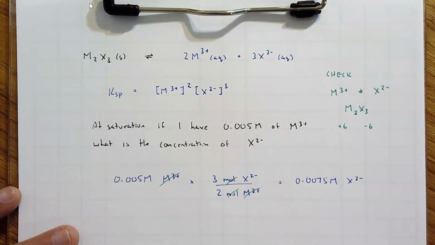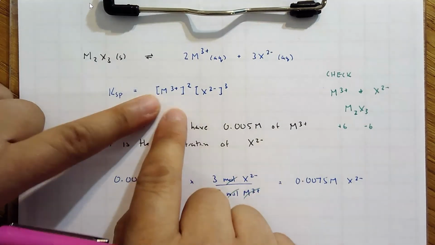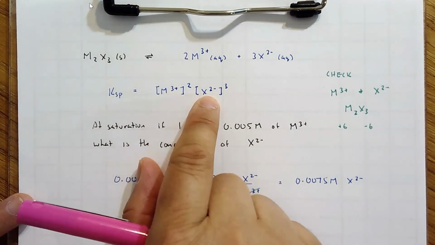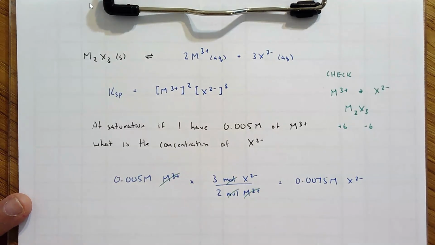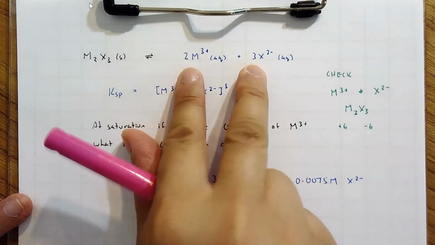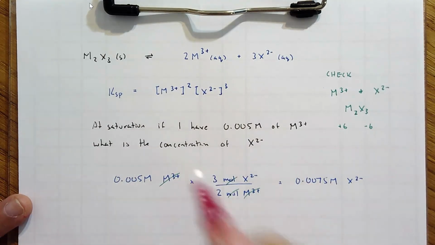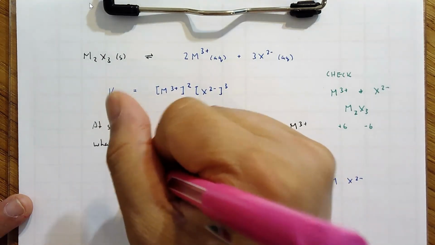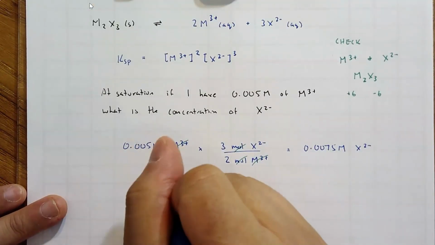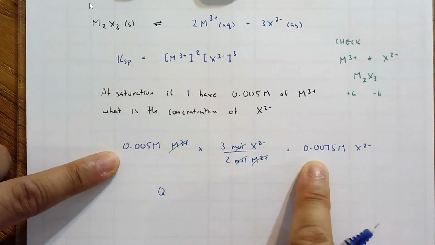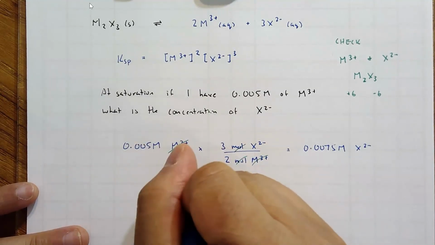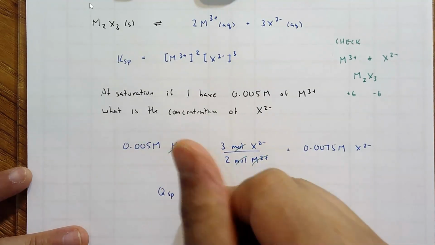So this is a tricky part. When you plug in the numbers here, those two concentrations are not equal. Remember that for the next video. These two concentrations are not equal because their coefficients are not equal. And then if you try to figure out, in this case, Q, because we don't know if these concentrations are at equilibrium, you could figure out a QSP, right?